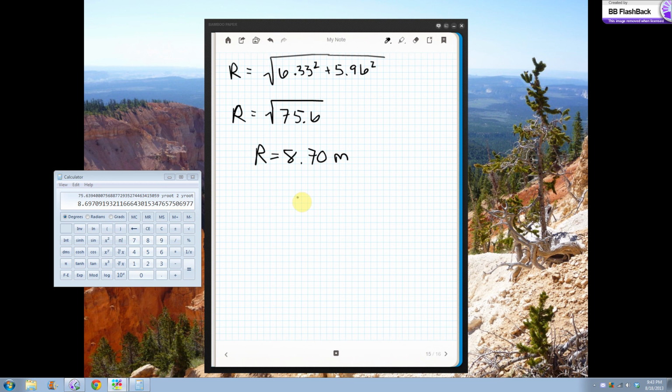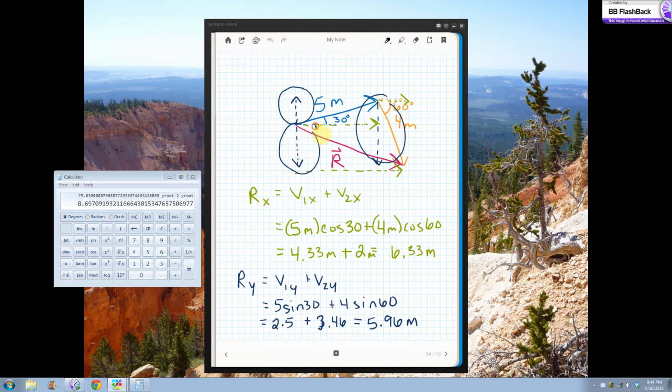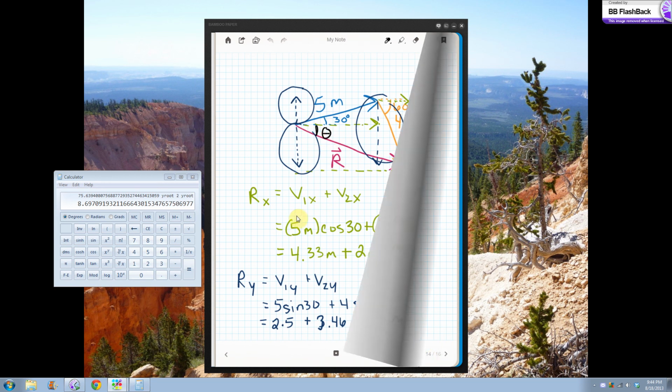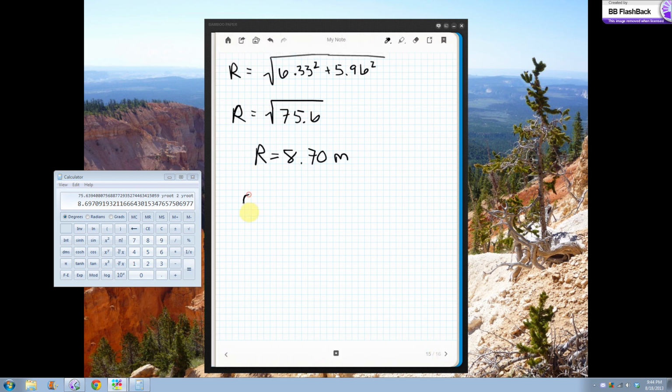Okay. And if I want to know the angle this thing makes, so this angle right here, I would use the tangent. Inverse tangent of y over x, 5.96 over 6.33.